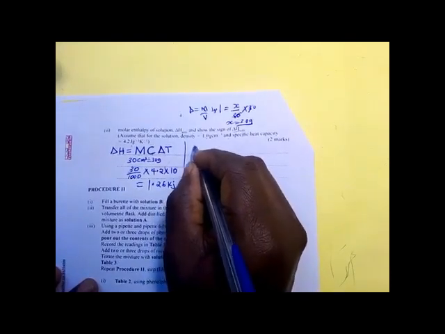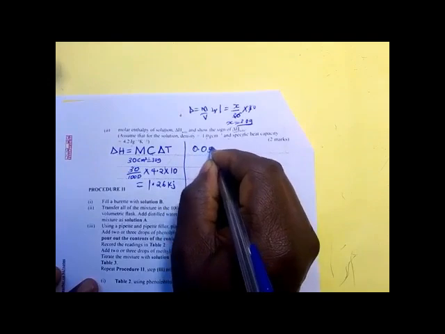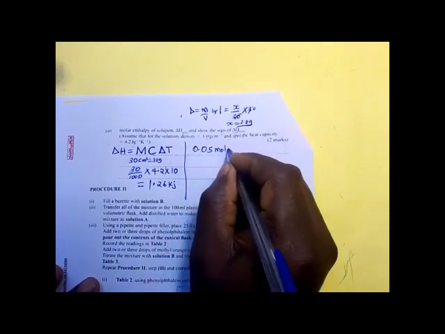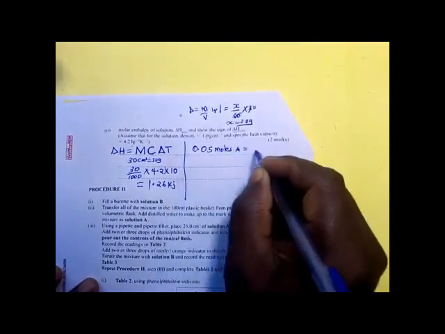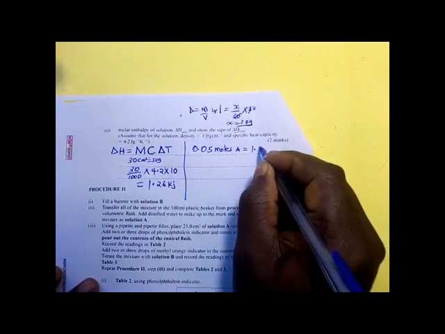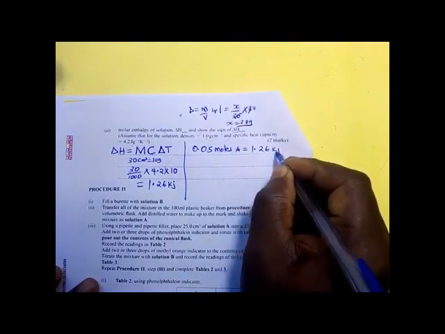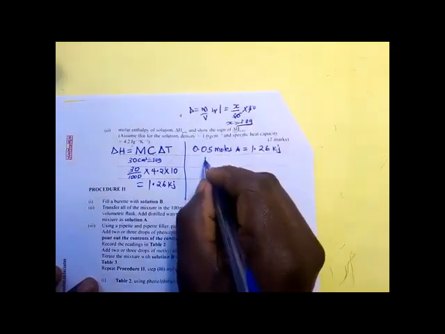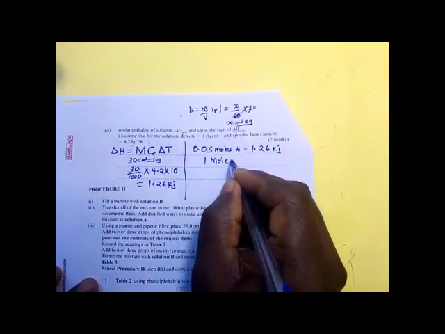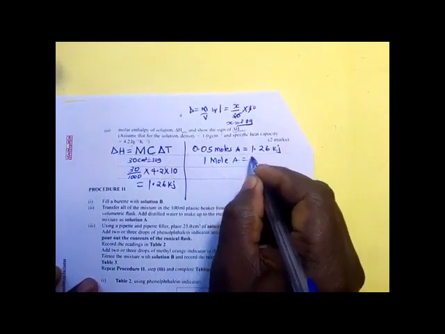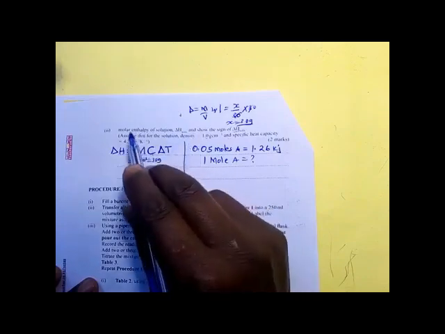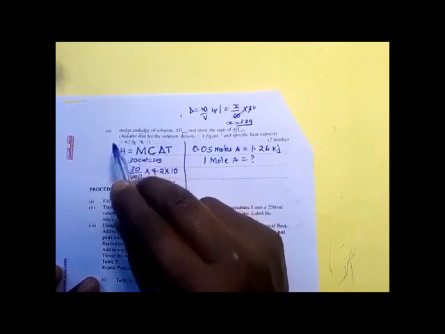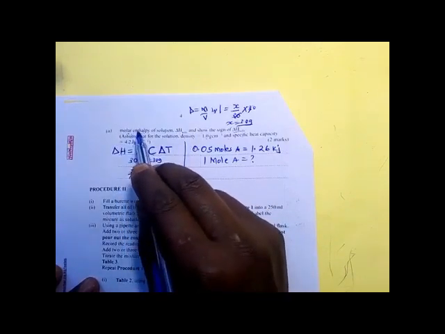So we say that 0.05 moles of solid A was able to produce 1.26 kilojoules. We want to know what amount of heat 1 mole of A would produce, because we want molar enthalpy. Molar means for 1 mole.